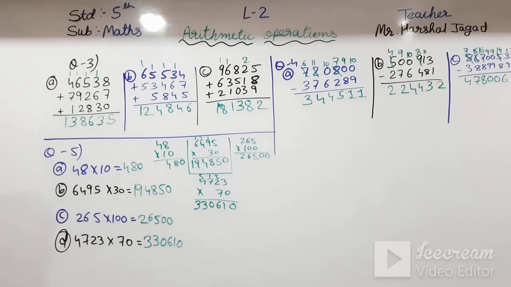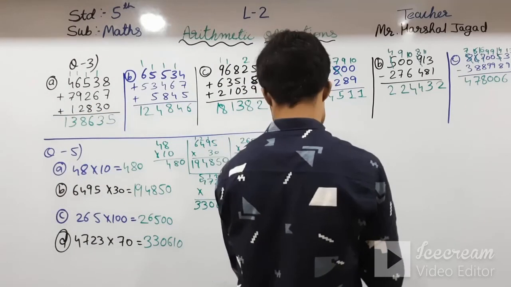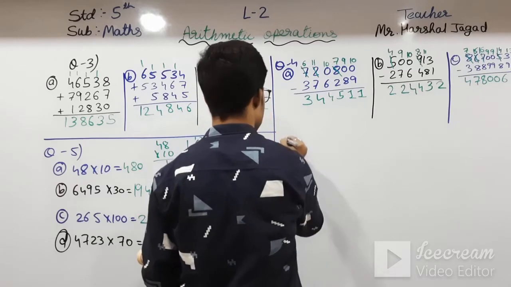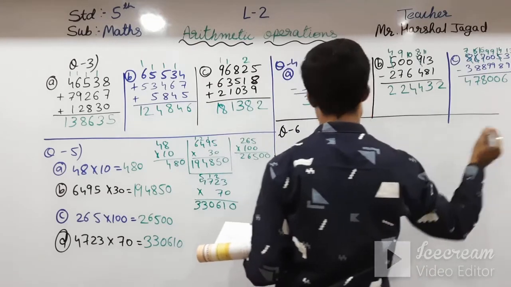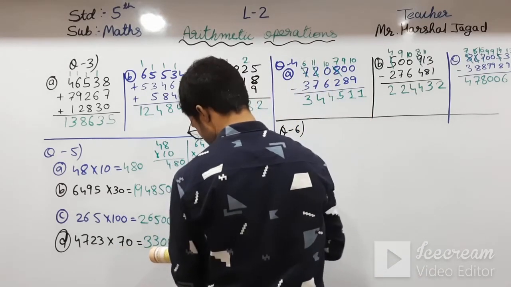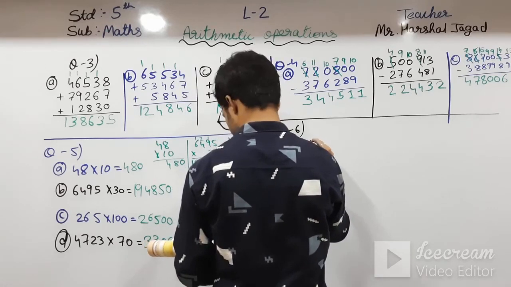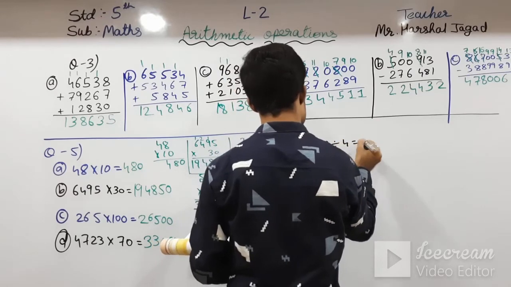And now going to question number 6, that is division. Question number 6, A, that is 7048 divided by 4.